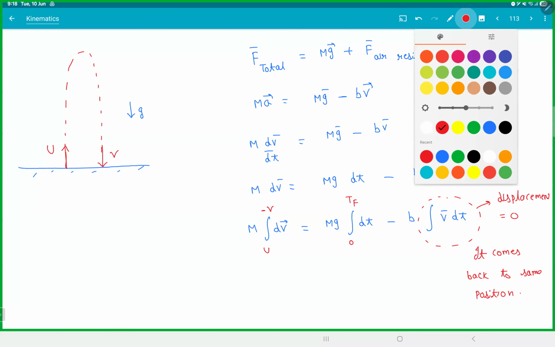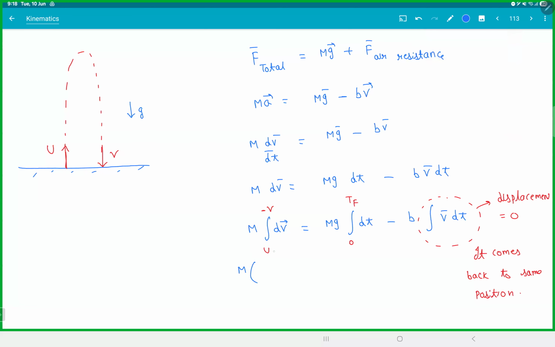So this will become m into limits. m into v, these limits will go from minus v to u, initial to final, and this will be mg into the time of flight. I actually need to put a minus because it's decelerating.